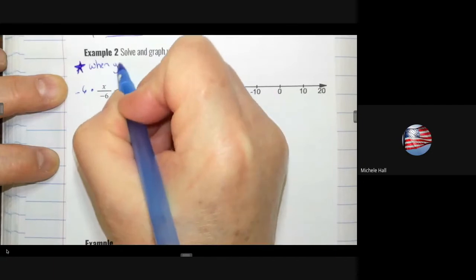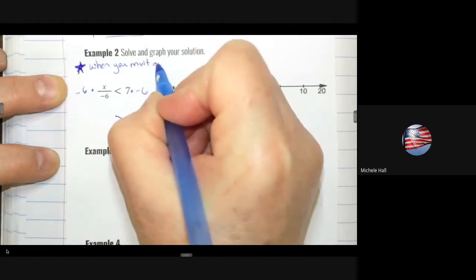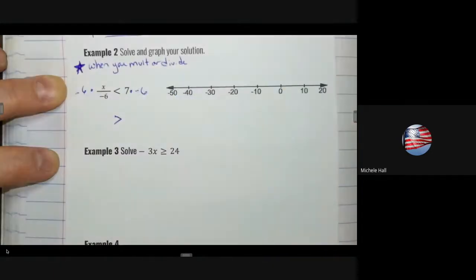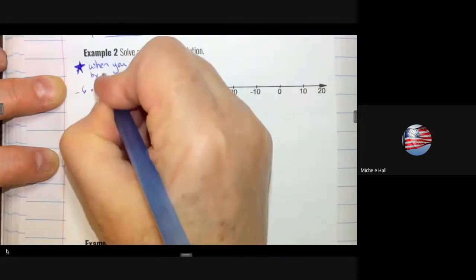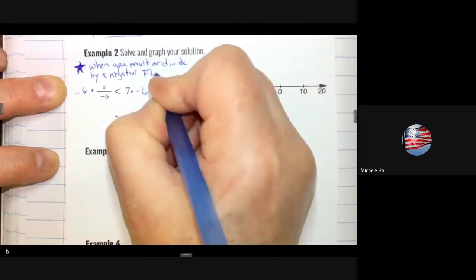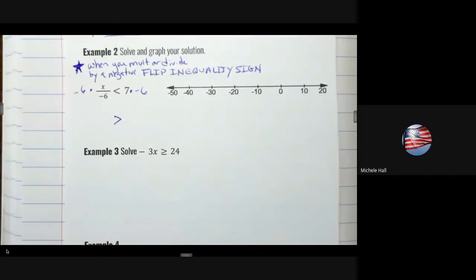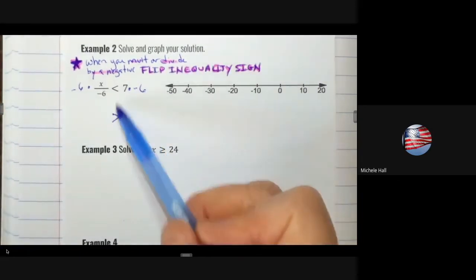When you multiply or divide, only multiplying and dividing, by a negative, flip the inequality sign. It was less than, and now it is greater than.